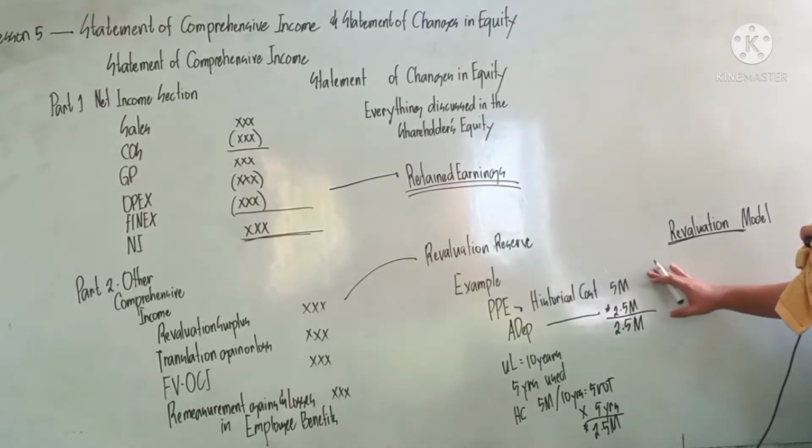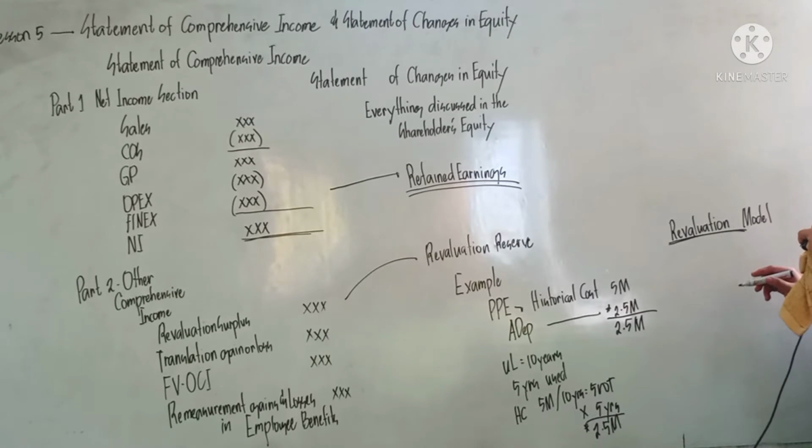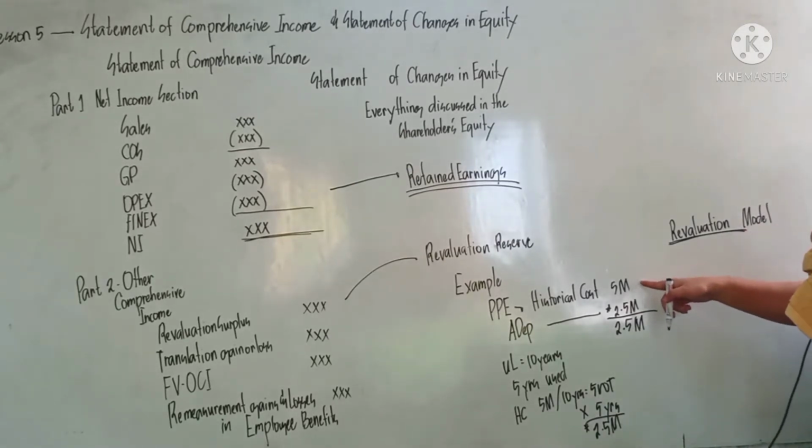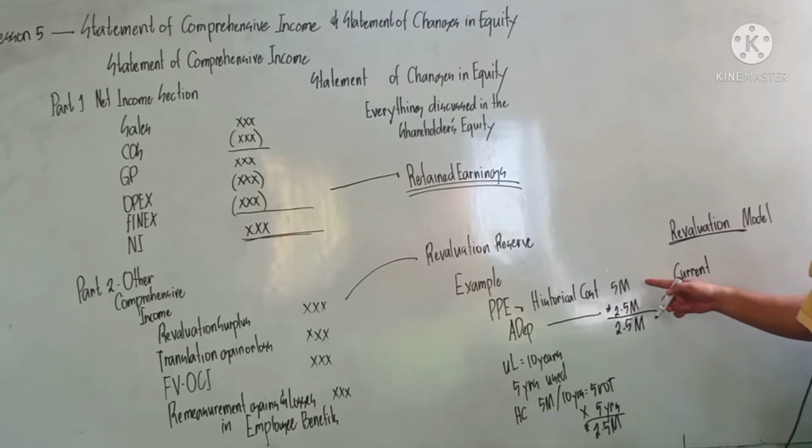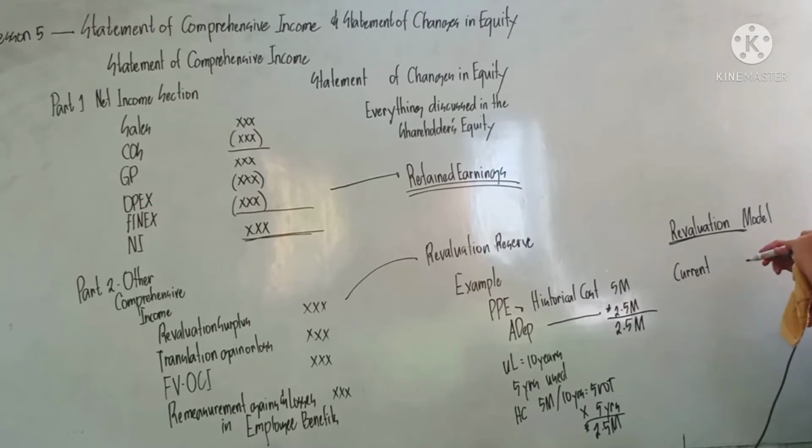What are you gonna do? You need to find the replacement cost. So if this is 5 million, 5 years ago, how much is the current replacement cost? If you are going to replace this PPE, brand new. So we call that current replacement cost.